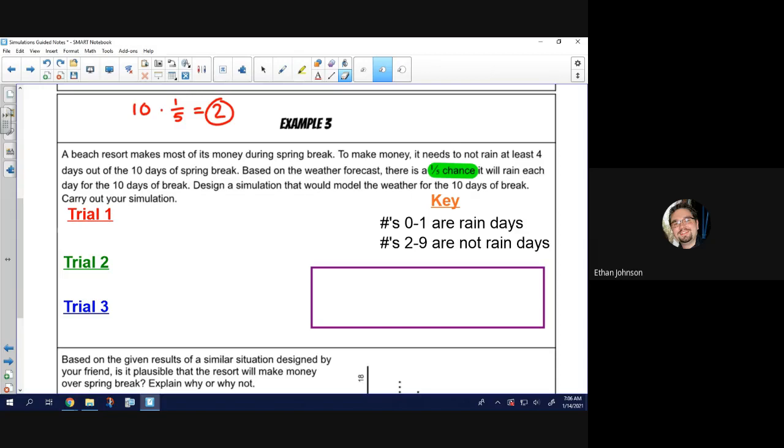Now, when we go in the calculator, we're still going to use 0 for our low and 9 for our upper. But since we're using all of these numbers and we're not skipping numbers, our n we can actually say is 10, because there are 10 days of break.